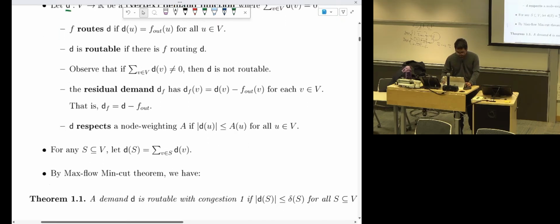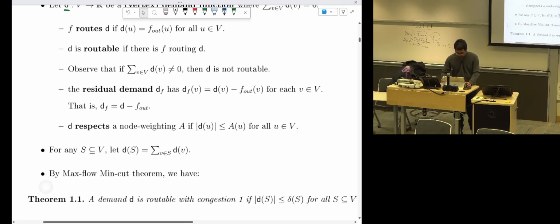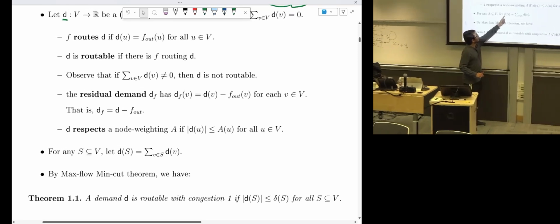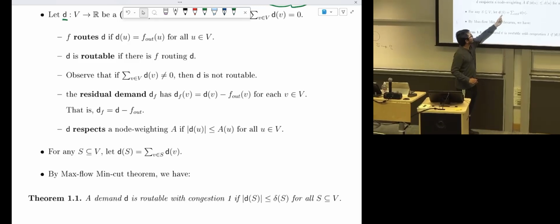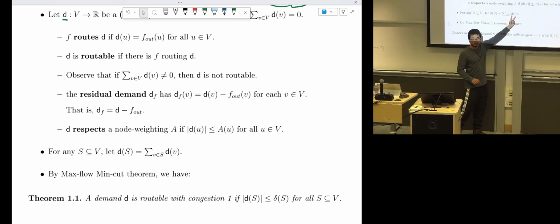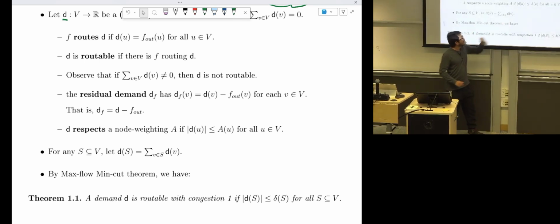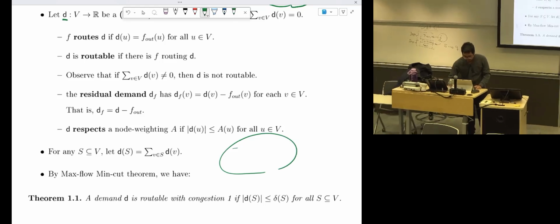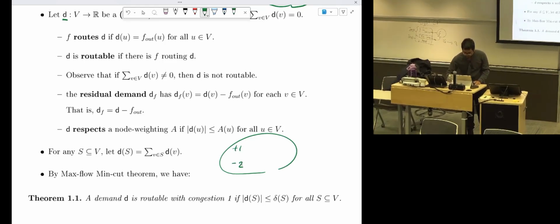Now I'm also going to write D of a subset S as the total demand inside S. Things can cancel, right? If this is +1 and -2, then D of S is -1.